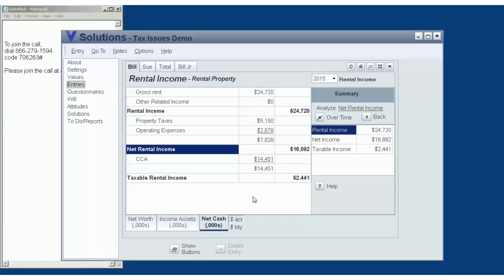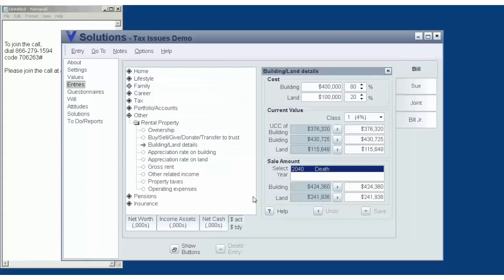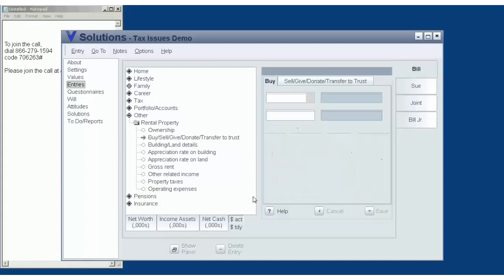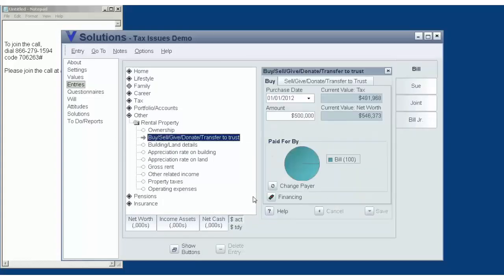One other thing that I just want to show you is that I'm going to create a mortgage, which is also commonplace. And I want you to notice that we don't go to some liability section in the software to create the rental property mortgage. Any financing entry that's directly linked to an asset, whether it's a house, a rental property, or whatever it might be, we actually create that liability attached to the thing itself.